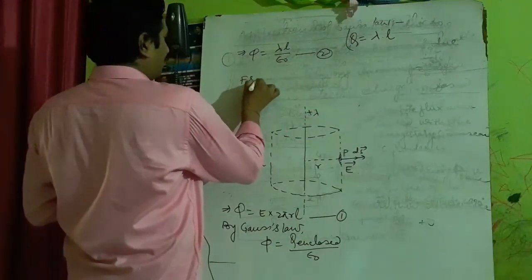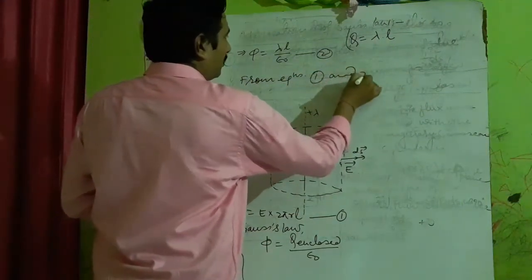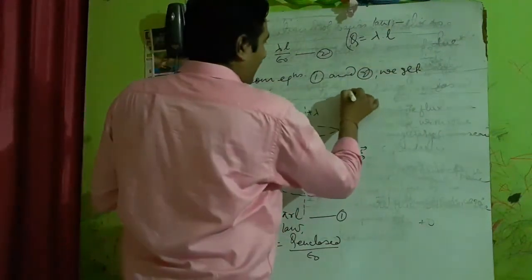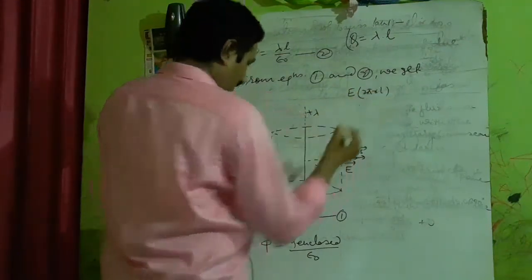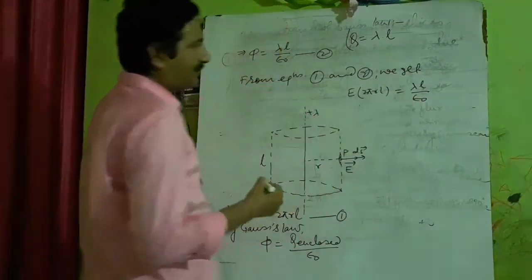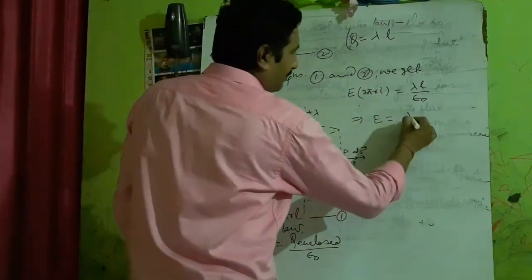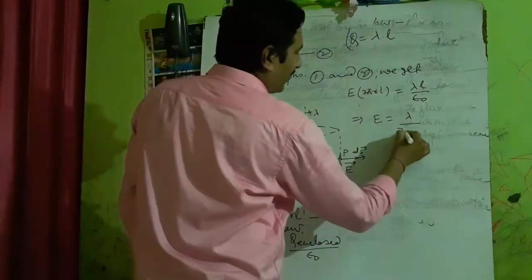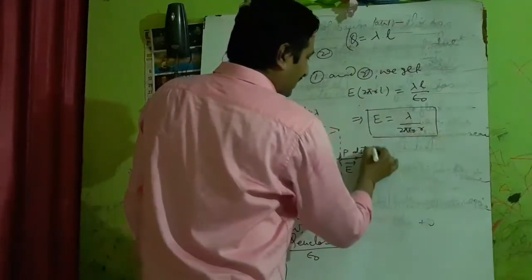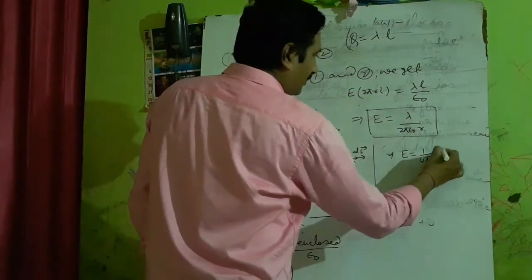From equations 1 and 2, we get E into 2 pi R L is equal to lambda L by epsilon naught, and from here you will get E is equal to lambda, and L will be cancelled out, by 2 pi epsilon naught R. This is the expression. We can write it E is equal to 1 by 4 pi epsilon naught, 2 lambda by R.